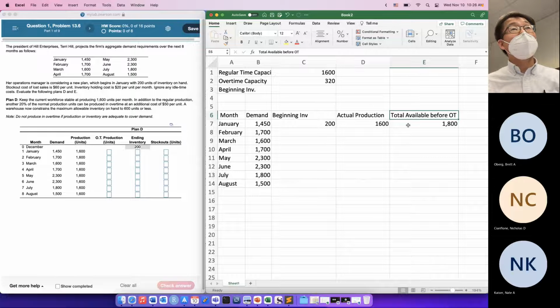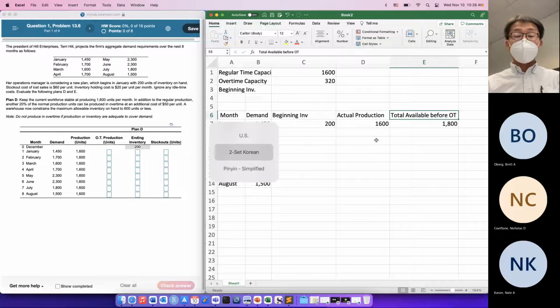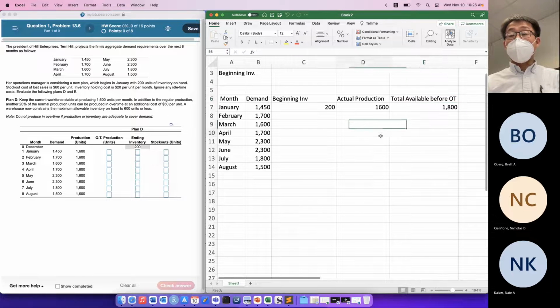In some cases, like in chapter 14, we have those parachute orders. What are parachute orders? Those are orders you placed way before this planning horizon that may arrive sometime during this period. Those are scheduled orders to be received in that specific period, but we don't have that here. So I think this is adequate.